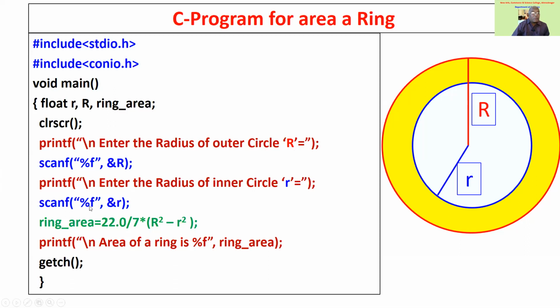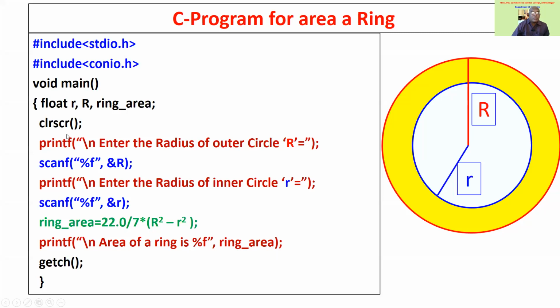And now the calculation part. ring_area equal to 22.0 by 7 star R square minus r square. That is the simple one. And lastly, printf on new line, area of ring is %f, ring_area. This %f will be replaced by the actual calculated value of ring_area. Then getch, temporary halt, and end of the program.